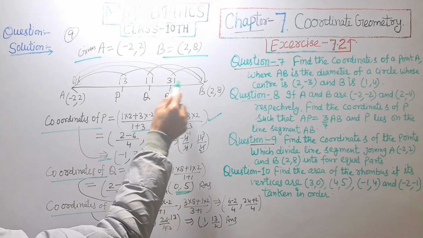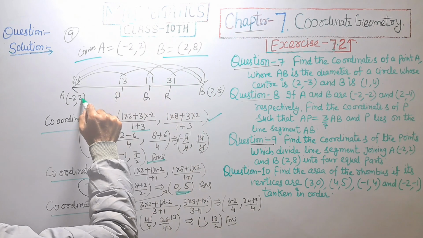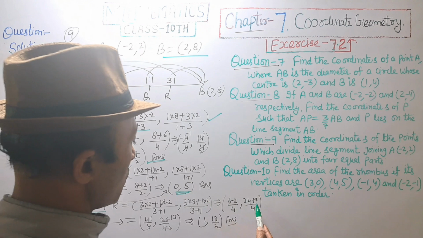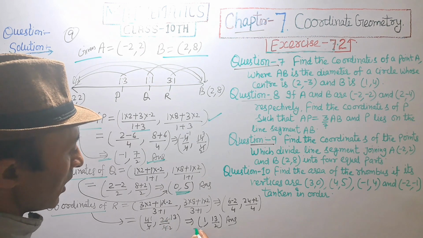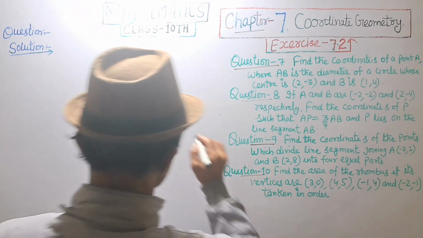And 3 multiplied by 8 plus 1 multiplied by 2 divided by 3 plus 1, which is 4. So 8 3s are 24 plus 2 is 26, and 26 divided by 4: 13 2s are 26 and 2 2s are 4. We get (1, 13/2). Answer.